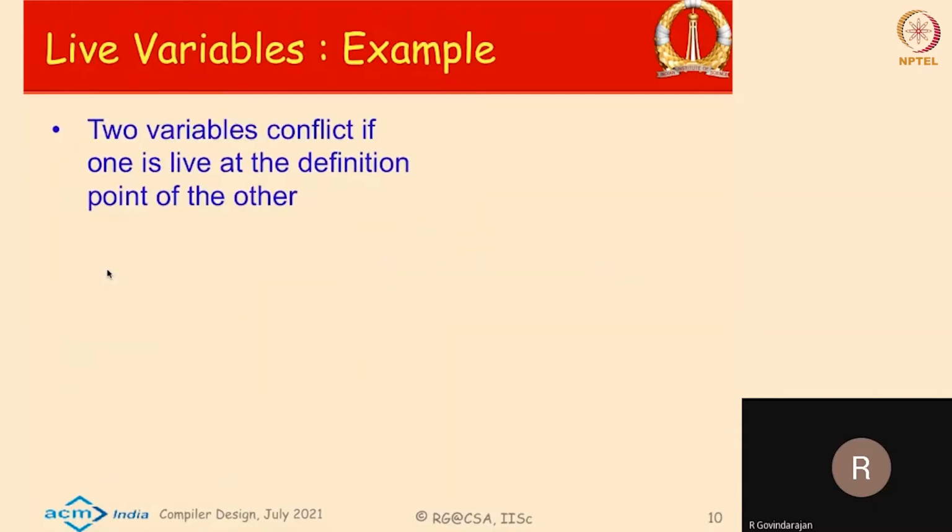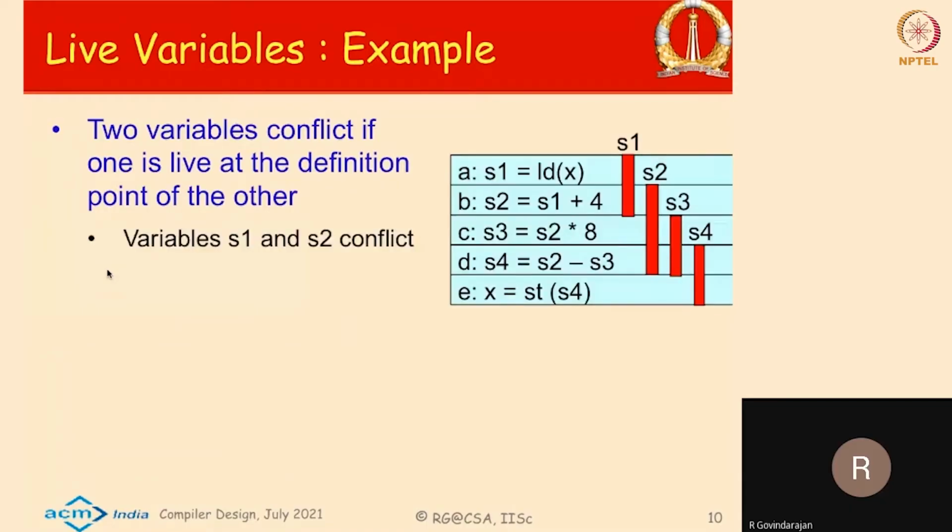And as I mentioned earlier, two variables conflict with each other if they are live at the same point. But a more precise definition is to say that if one variable is live at the definition point of the other. It's the same thing with some finer level details. Let's not get into this right now.